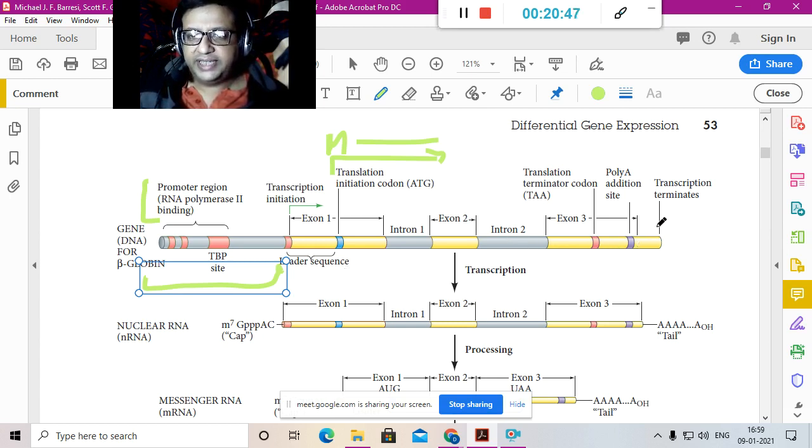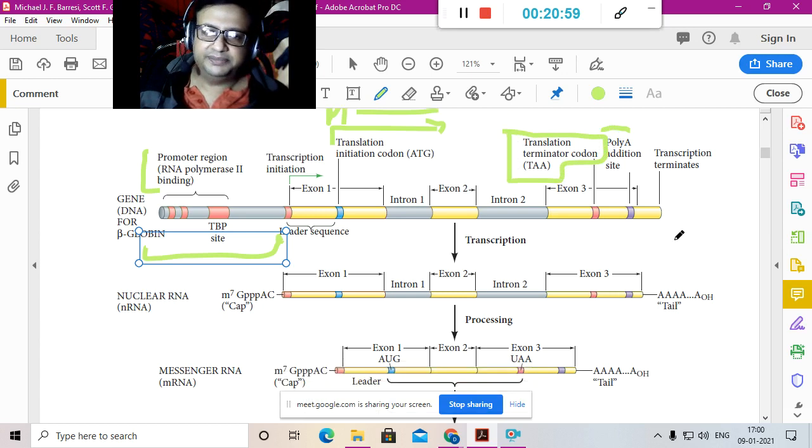And then in the end you have a poly A addition site. You have a translation terminator codon, or TAA, which is also present here, and transcription terminates here. This is transcription start, transcription end. In bacteria, if you can remember the rho-dependent and rho-independent mechanisms, in eukaryotes you also have a similar mechanism present.